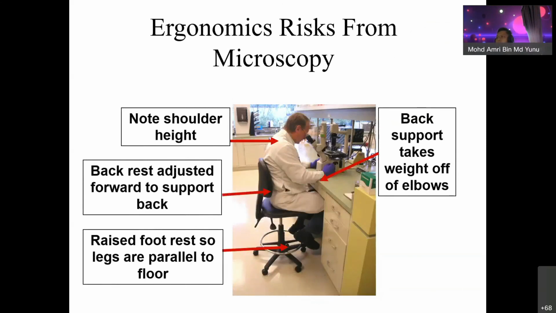This is an example when using the microscope. So see here the position. Okay, your back has a rest, and your foot is resting on the foot ring rest, and then the shoulder is straight, and the back support takes the weight of the elbow.